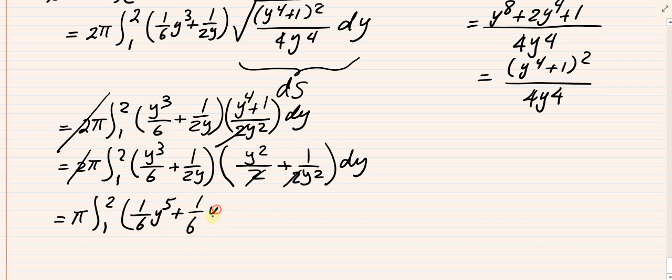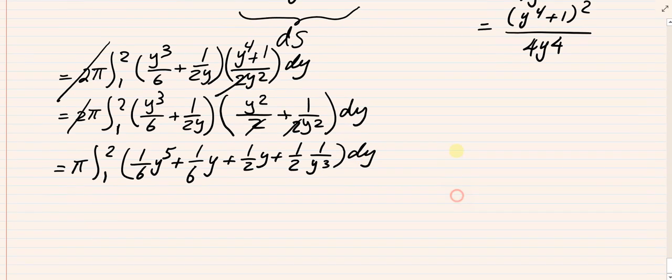I'll multiply those together. Okay, plus 1/2 y plus 1/2 times 1 over y cubed dy, like that.